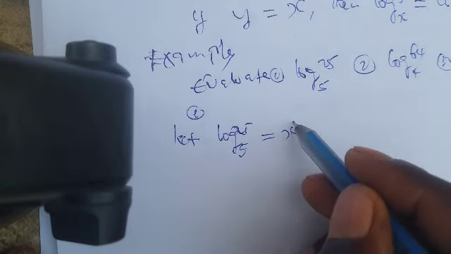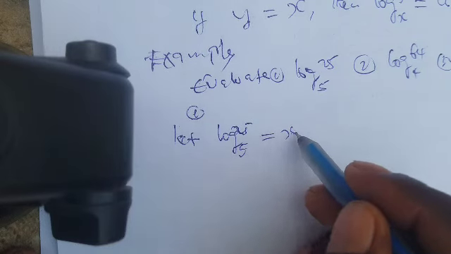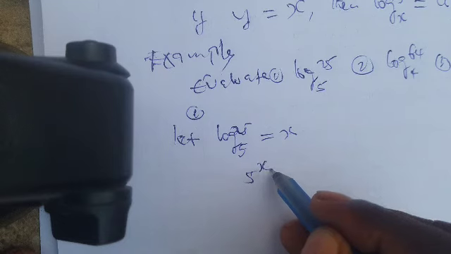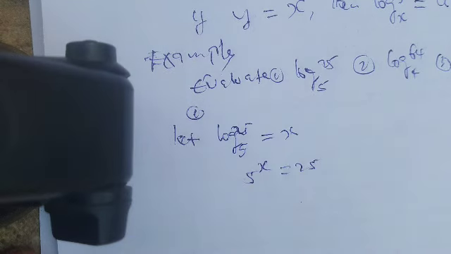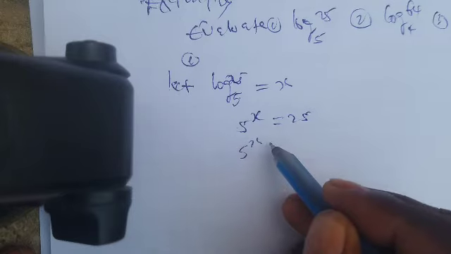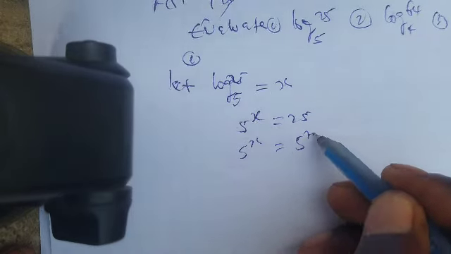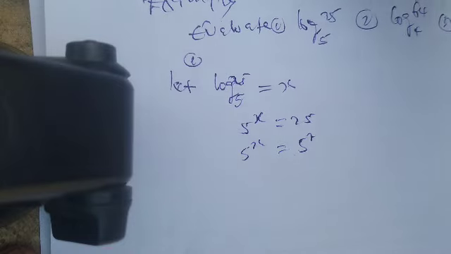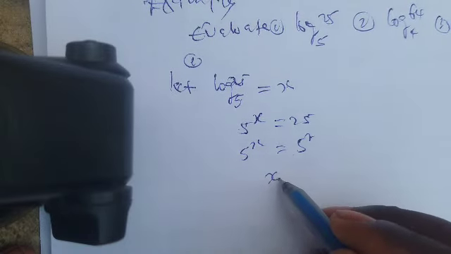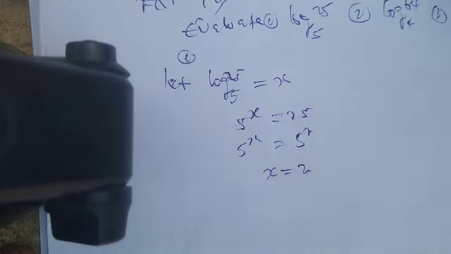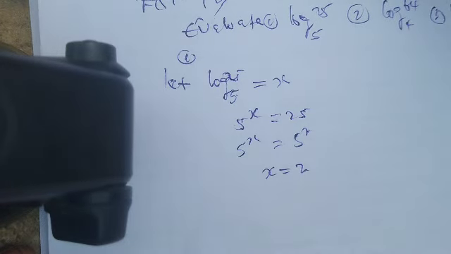Thus you have 5 raised to x is 25. From then you remember the indices. 5 raised to x is the same thing as 5 raised to 2. So by equating the power, we have x is the same thing as 2.